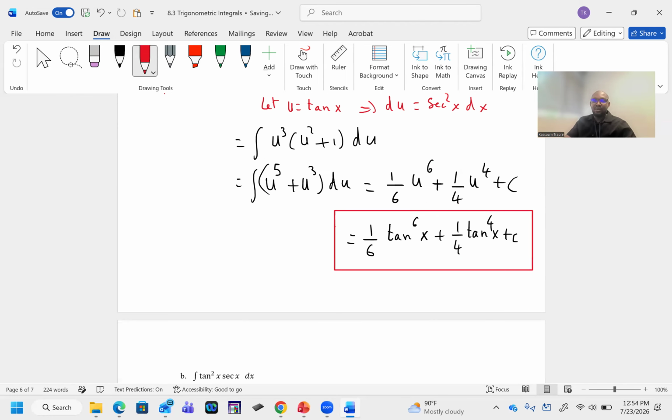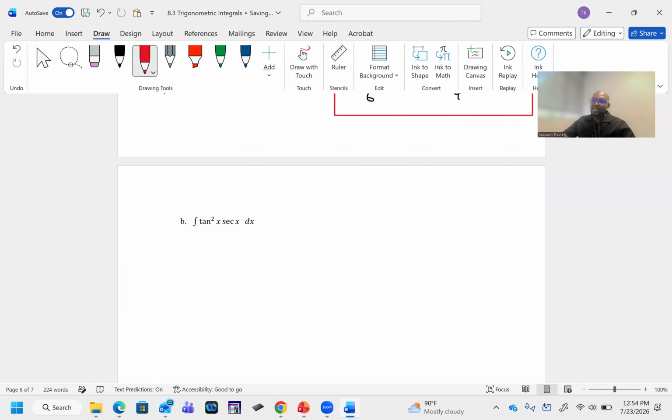The next one is tangent square times secant of x dx.